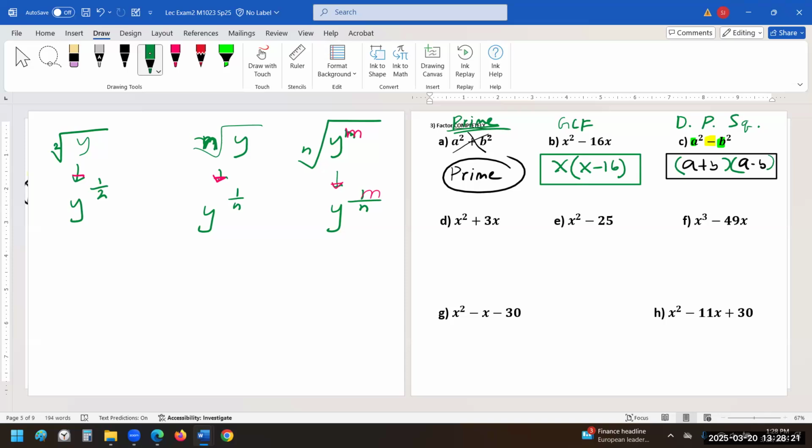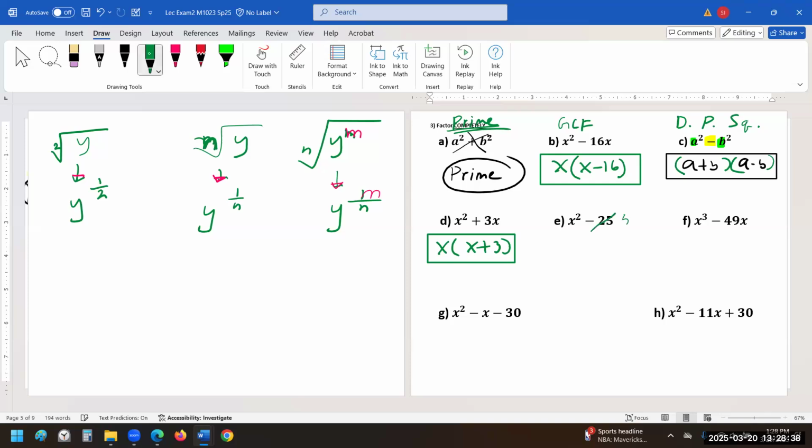How about D? Which one of these? GCF. So what do you see in common? When you factor that out, you're left with x plus 3. How about E?